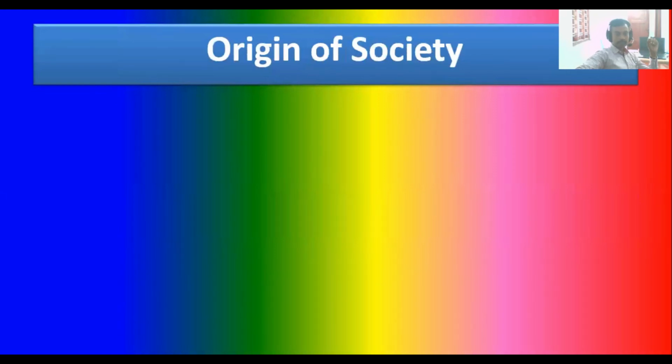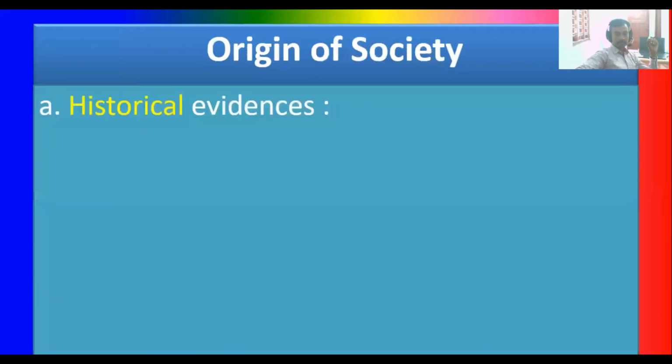Then origin of society. Where was society originated? A. Historical evidence. Egypt, mummies and pyramids are evidence.